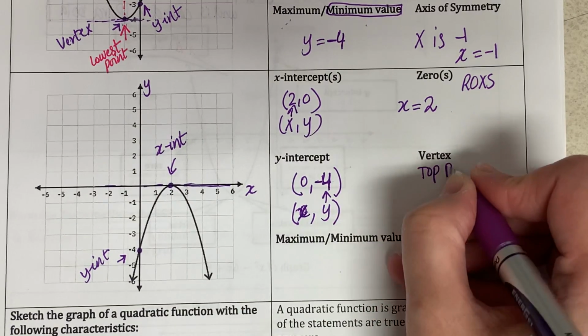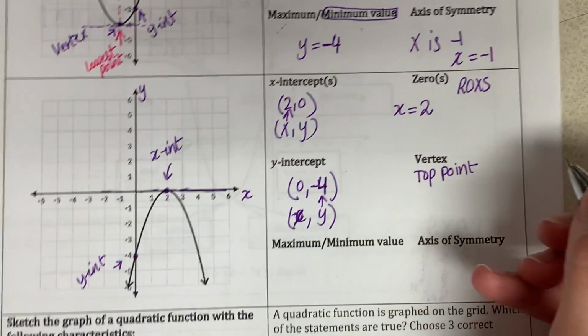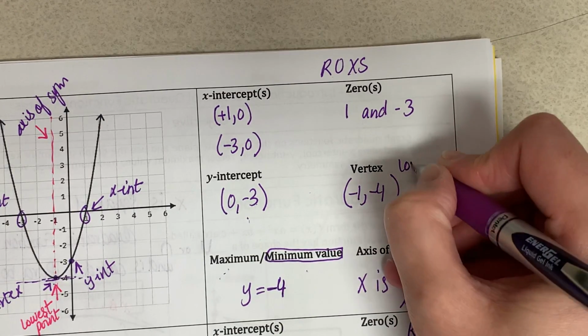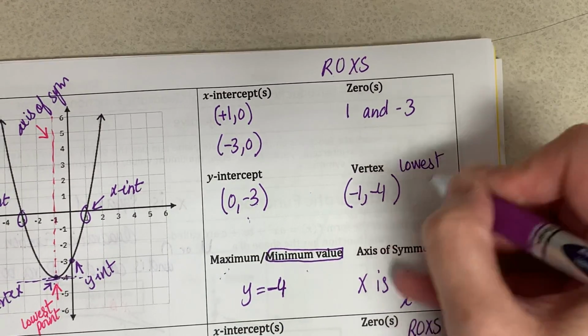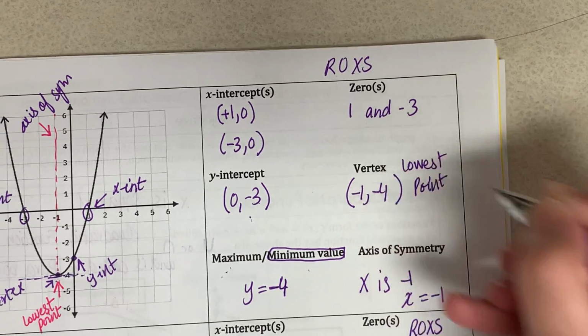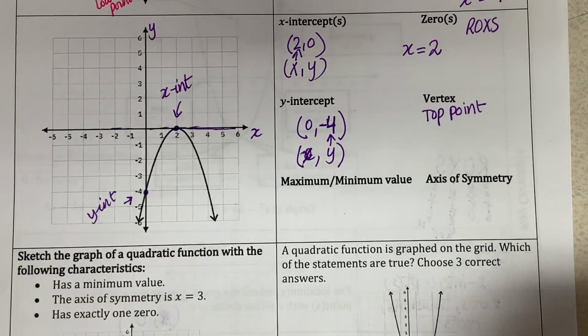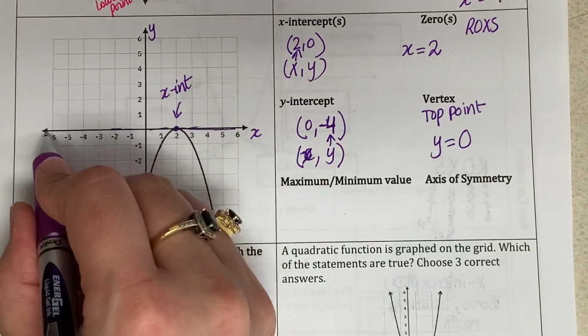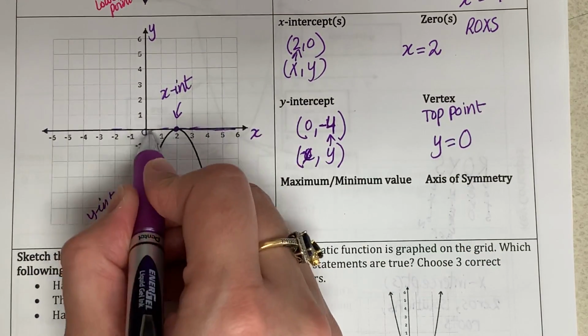So it is the topmost point. On the above graph, it was the lowest point, or bottom point. The value of y over there is 0 because it is just on the axis. This is 0 over here, y.